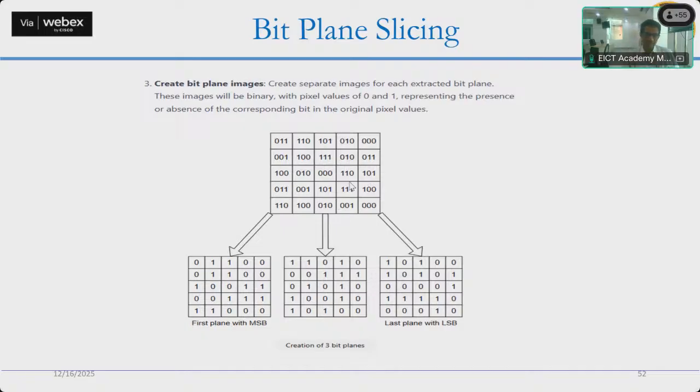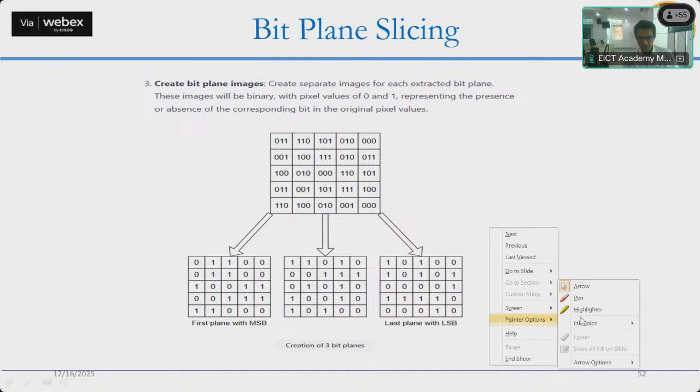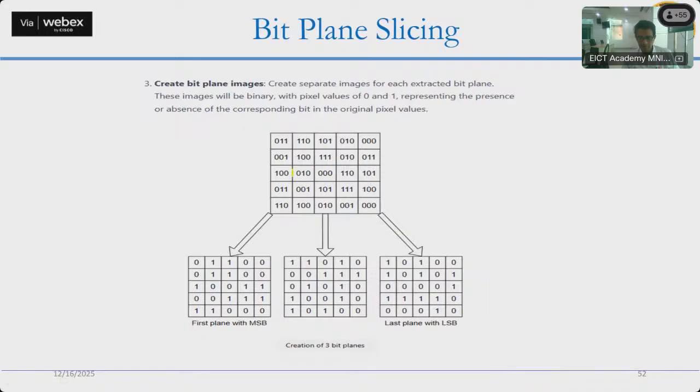When you see here, for example, you are taking the first bit only. That is 0 here.